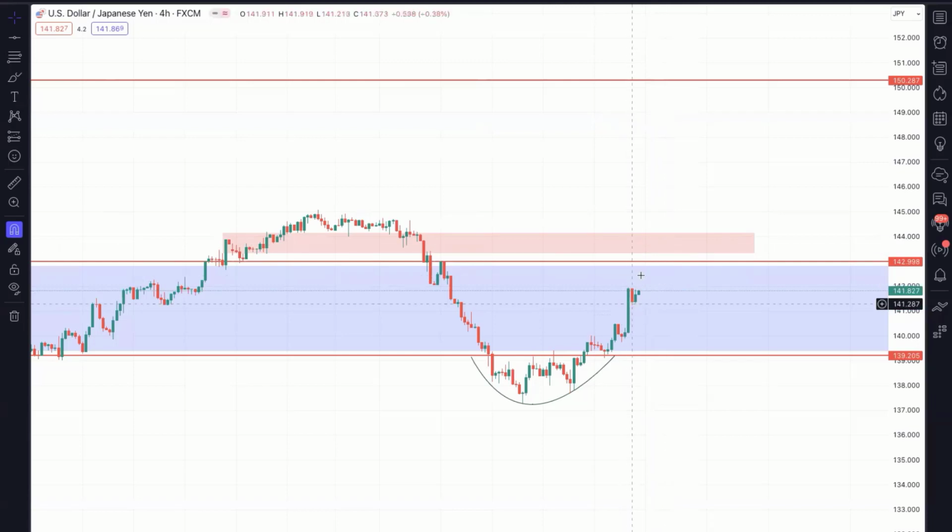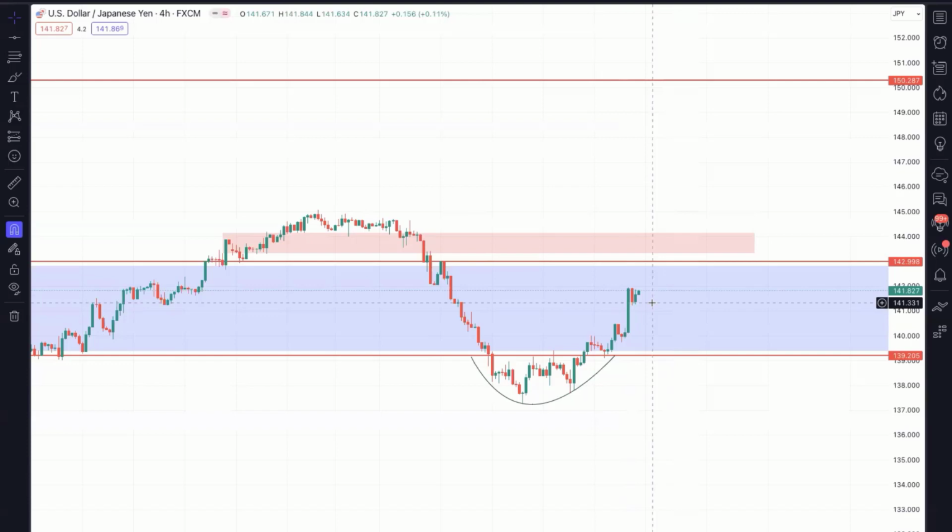But on USD JPY, you have to either wait to see what price will do, or you buy and put your stop loss a little after this candlestick, or you sell and put your stop loss here. So those are the two things you can do, either buying or selling.